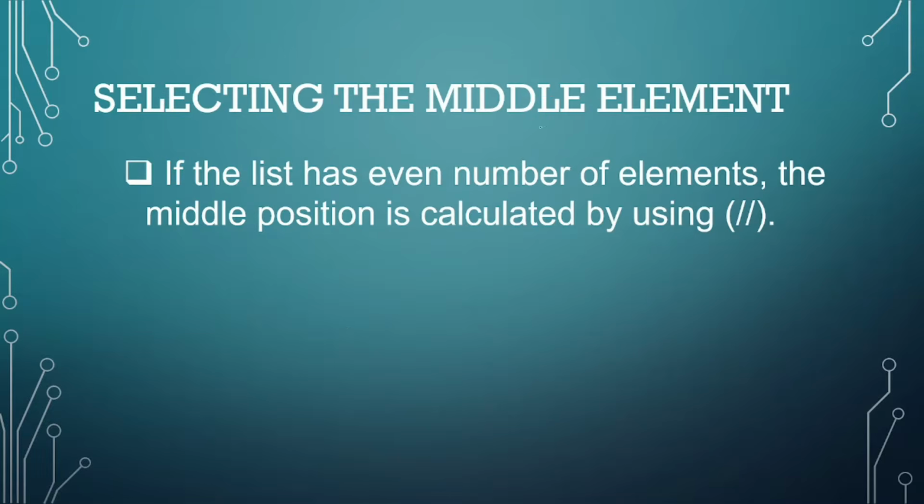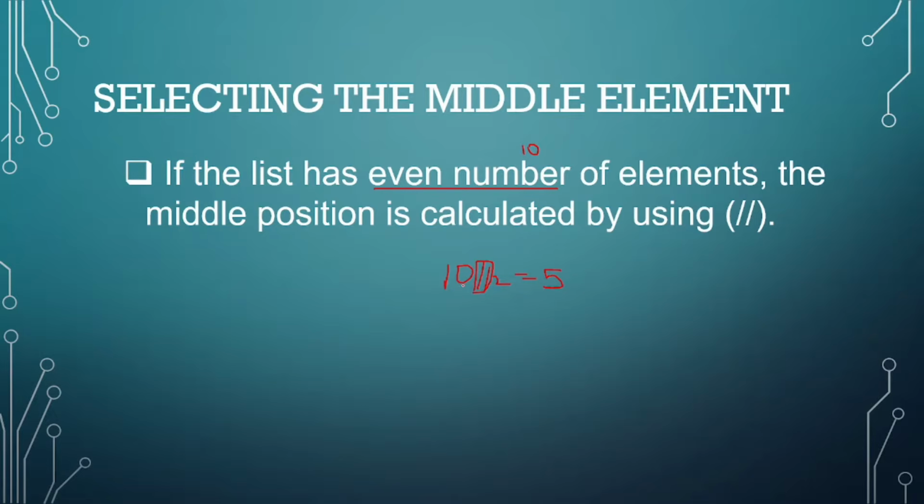Now, how can you find the middle element? Very simple. If I have a list of 10 elements, the middle position is calculated using floor division, 10 by 2, and the quotient is 5. Floor division removes the decimal part and gives you the whole number.